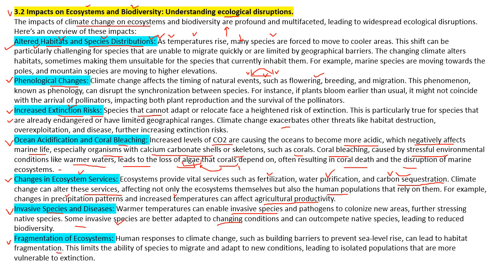I mean, if this is a larger area having three ecosystems, then due to climate change, this whole ecosystem can be fragmented into sub-ecosystems, and it will affect the ecosystems and biodiversity.